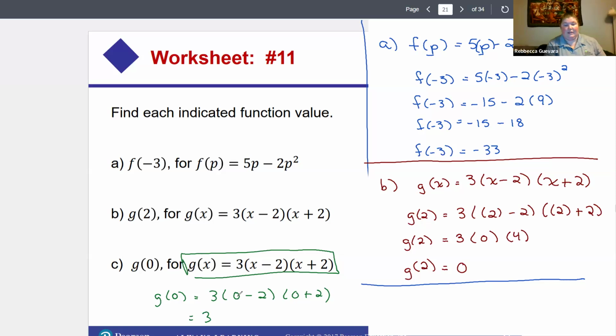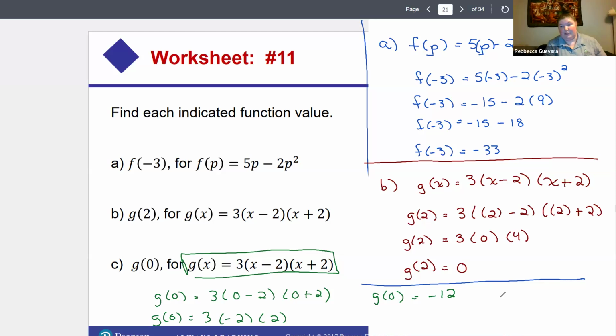So we get 3, 0 minus 2, 0 plus 2. We'll keep continuing over here. And we have 3 times -2 times a +2. That's going to be a -12. So g of 0 equals -12.